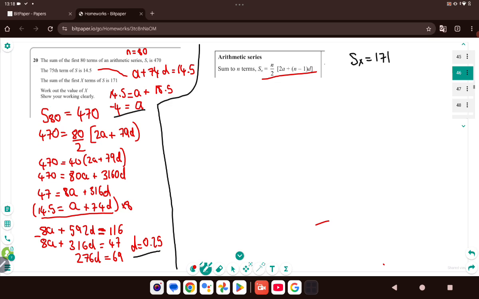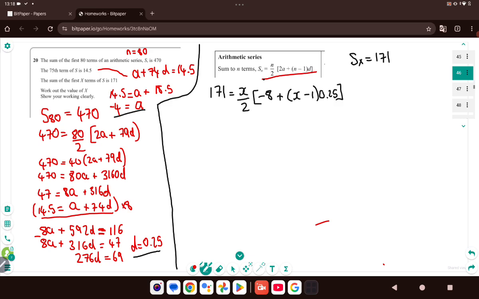Again, putting it into this formula, 171 equals x over 2. We don't know how many terms there are. Times 2a, 2 times -4 is -8, plus n minus 1, again x, times d, 0.25.